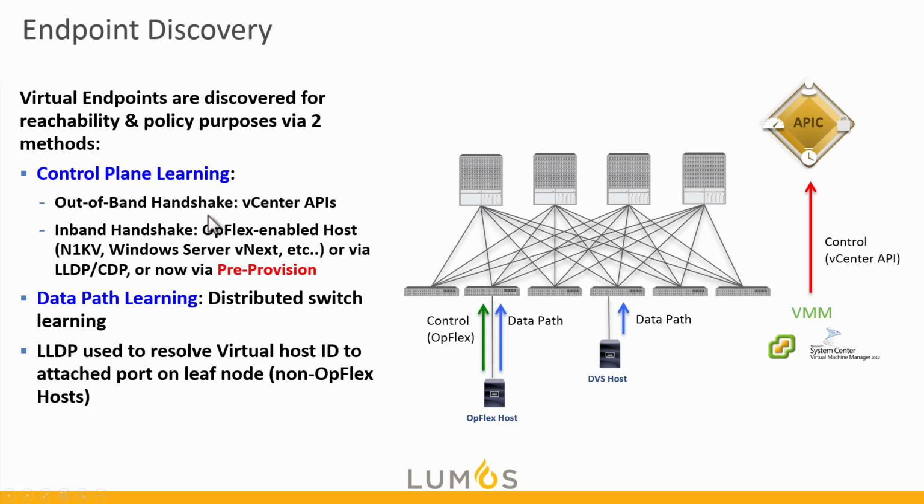But there's an out-of-band handshake that's done from the APIC to the vCenter or to whatever VMM management, Microsoft's System Center Virtual Machine Manager, whatever, through APIs. So for instance, APIC talks to and does a subscribe to the actual vCenter server, and then as things change on the ESXi host that is joined to that DVS, the ESXi host tells the vCenter, and the vCenter then tells the APIC, and then APIC now knows about the control plane learning.